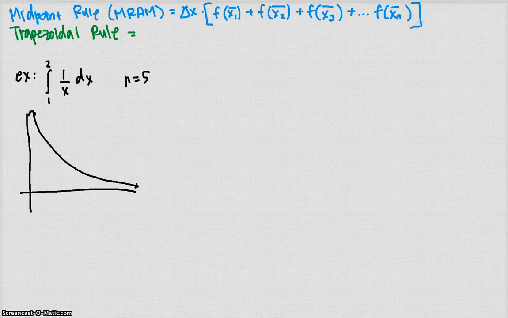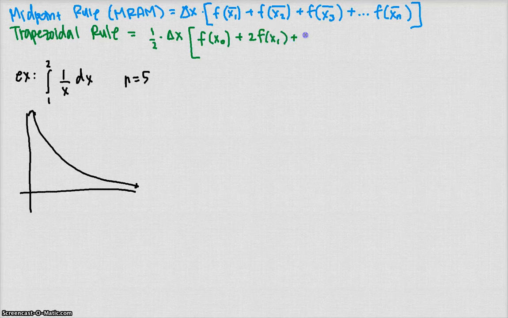The trapezoidal rule takes your 1/2, the height delta x, I can factor that out, and then I have f of x naught, plus 2 times everything else in between, until the very last one where I don't double it up.